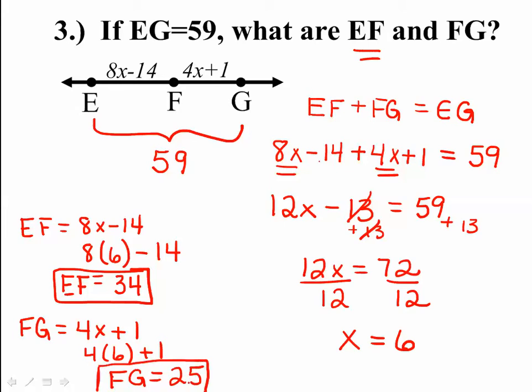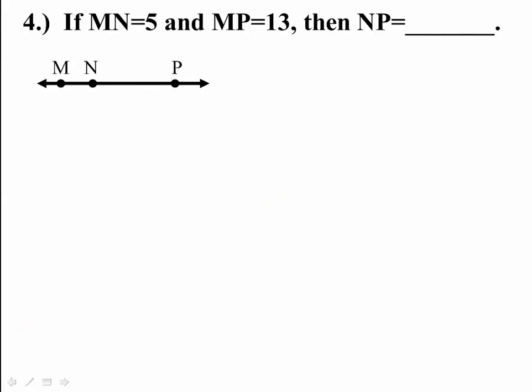I can tell that this answer makes sense because when I add 34 and 25 together, I get a total of 59, which is the length from E to G. Now let's look at another example together. If MN is 5 and MP is 13, then find NP.